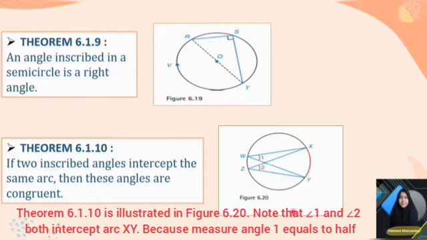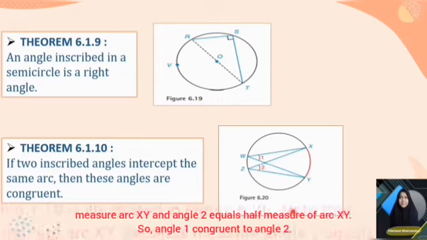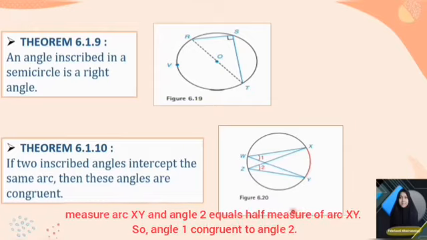Note that angle 1 and angle 2 both intercept arc XY because the measure of angle 1 equals half the measure of arc XY and angle 2 equals half the measure of arc XY. So angle 1 is congruent to angle 2.